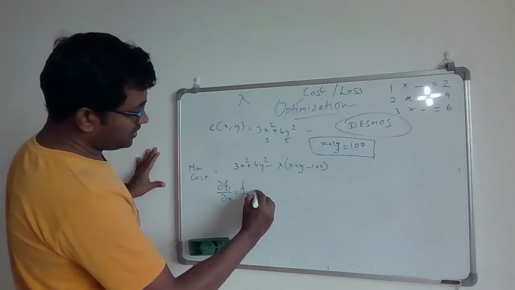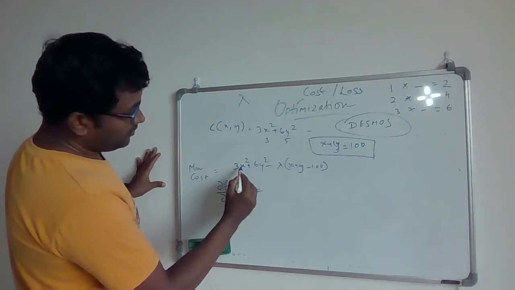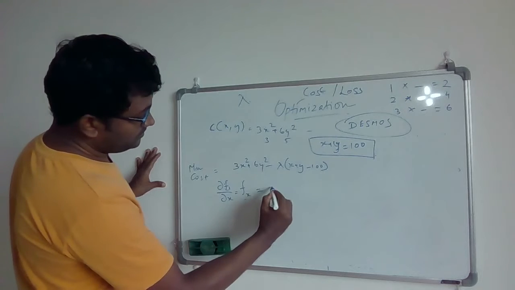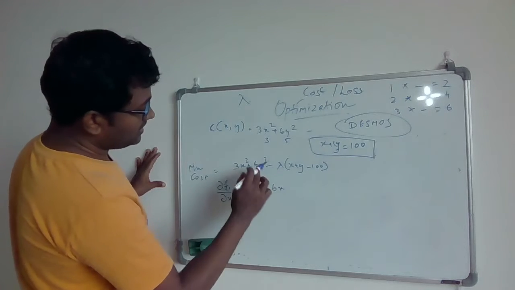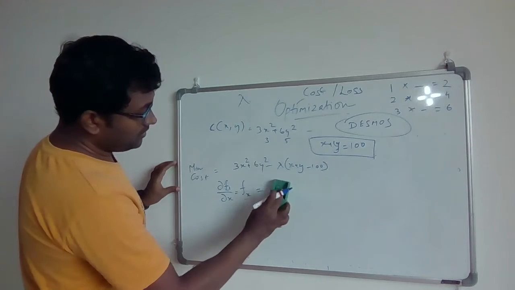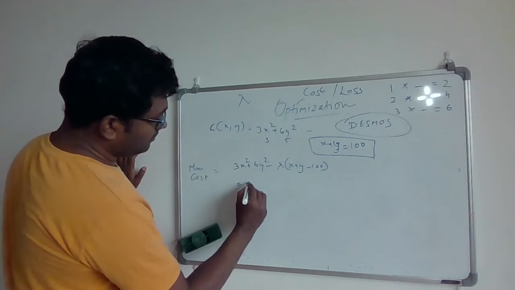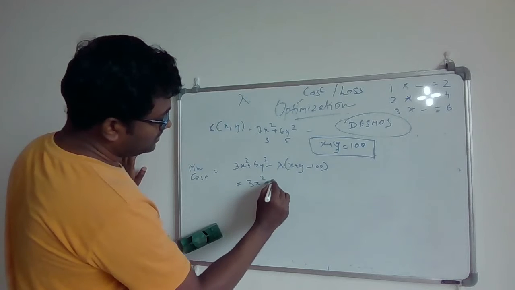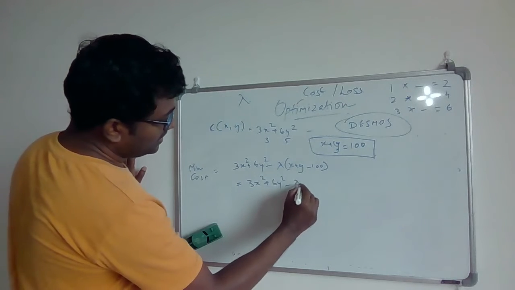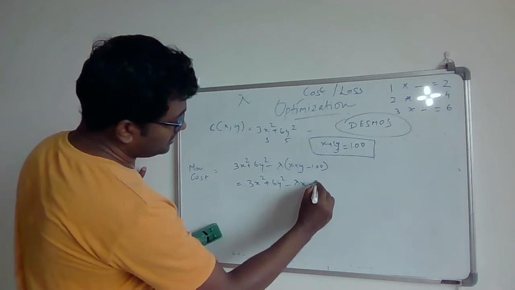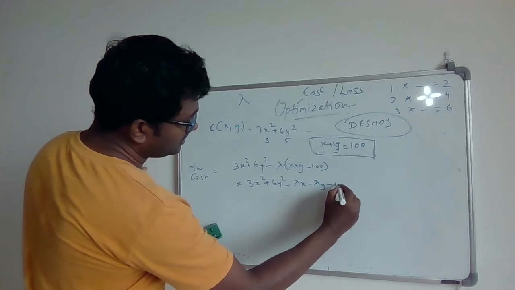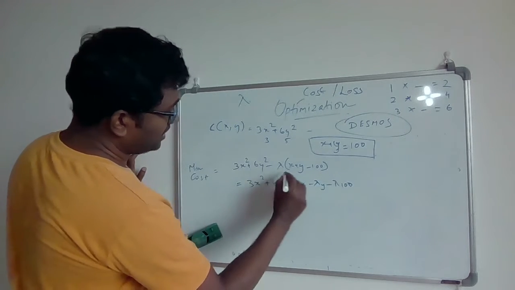So let's do it. The function with respect to x. This becomes complex, so let's expand this before we take the partial derivative. The function is equal to 3x squared plus 6y squared minus lambda x minus lambda y minus lambda 100, just multiplying lambda inside.